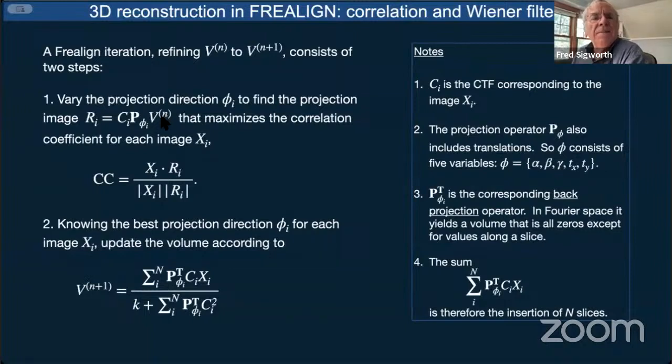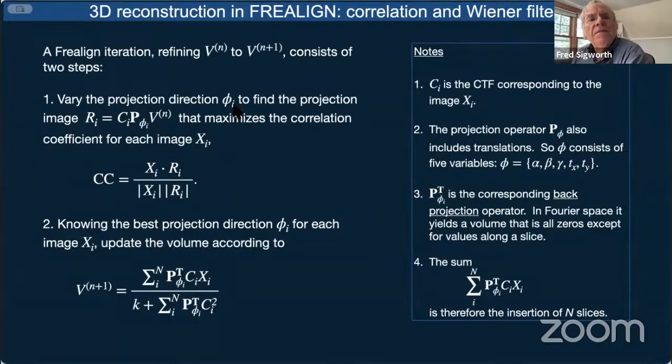So we take the initial estimate of the volume, we compute a projection of it in a particular direction, phi sub i, and operate on that with the CTF for the ith image, and this is then a reference that is supposed to match the ith image.